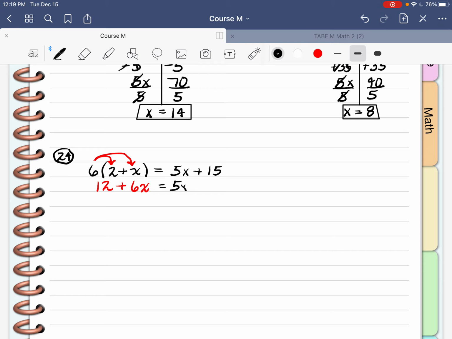And then I will copy. Draw the power t. Figure out who's the boss. And the 6x is bigger than the 5x, so I'm going to put my variables on the left and my constants on the right.